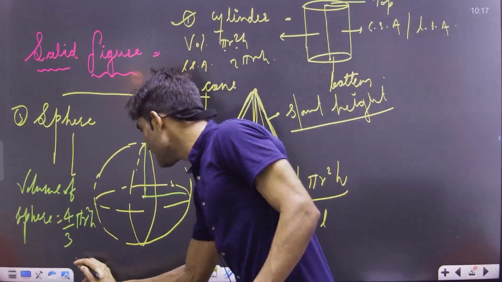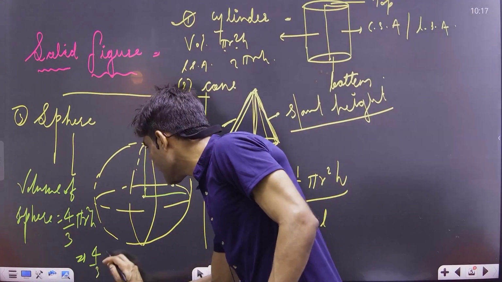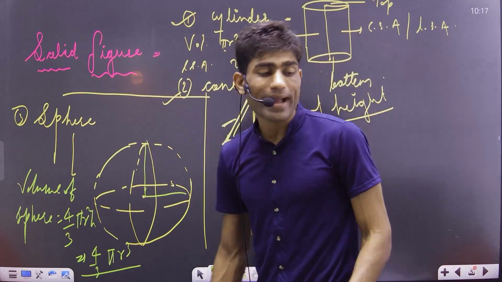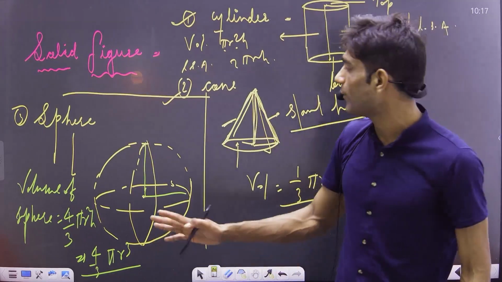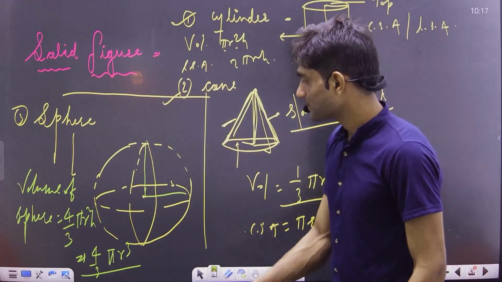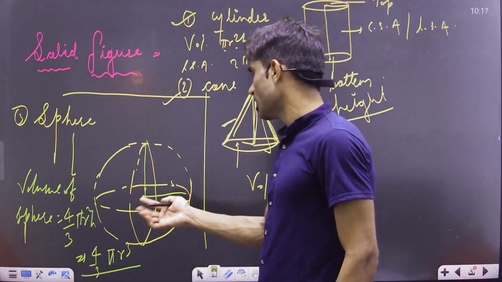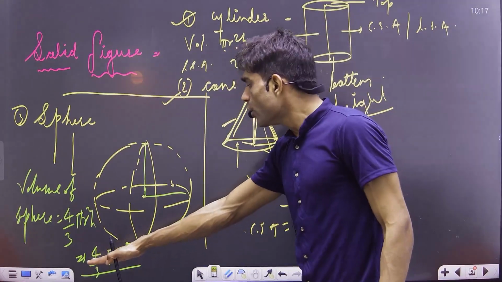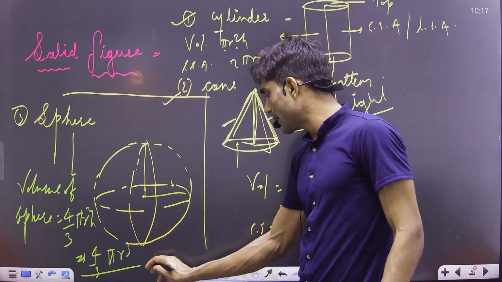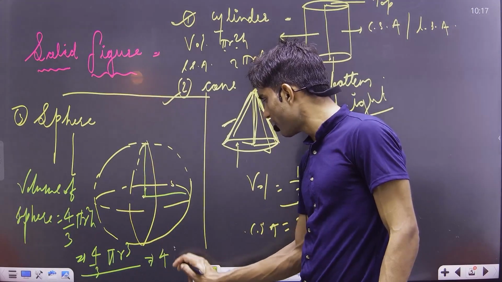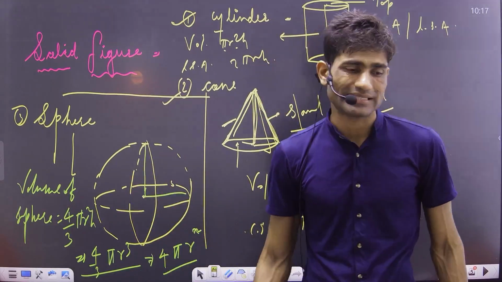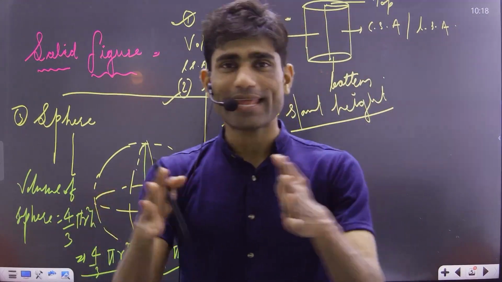That means we write 4 by 3 pi r cube as the volume of our sphere. And the curved surface area, total surface area or lateral surface area, we write as 4 pi r square. Now let's go for the next.